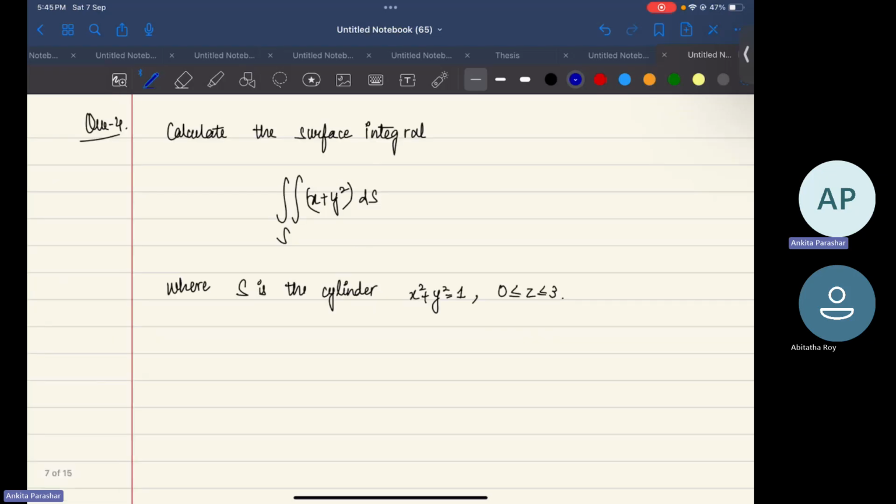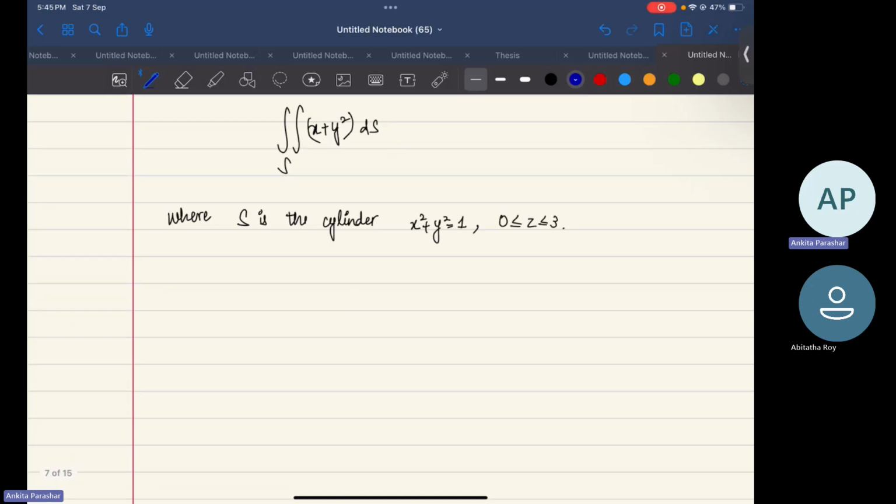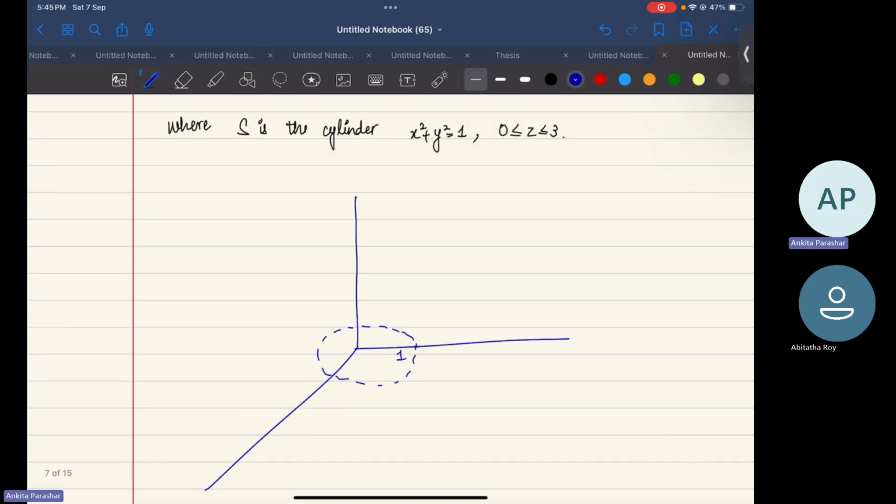So we need to compute another surface integral, and the surface is the cylinder formed by this circle with radius 1 and height 3. I am not very good at drawing, but it's like some kind of circle, and then you take a height of 3, I guess.